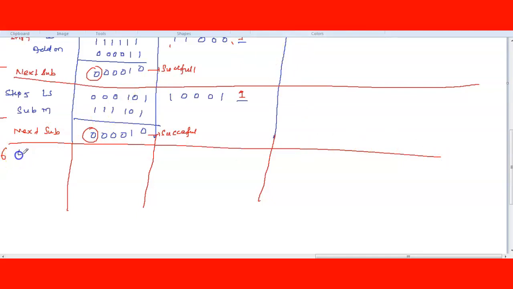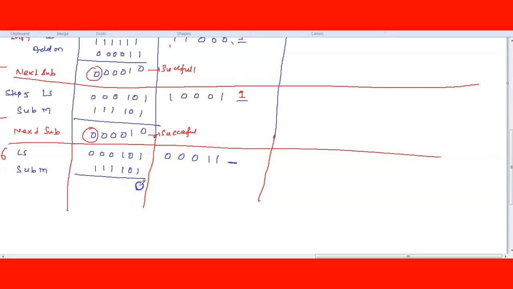So again left shift: 0 0 0 1 0 1. This is 0 0 0 1 1, and this bit is empty. Now subtract M, means add 1 1 1 1 0 1, the 2's complement.